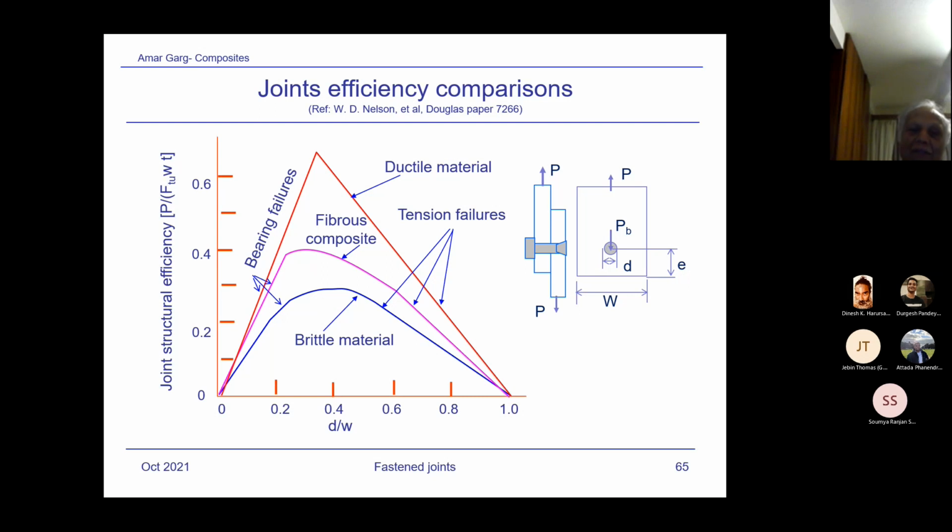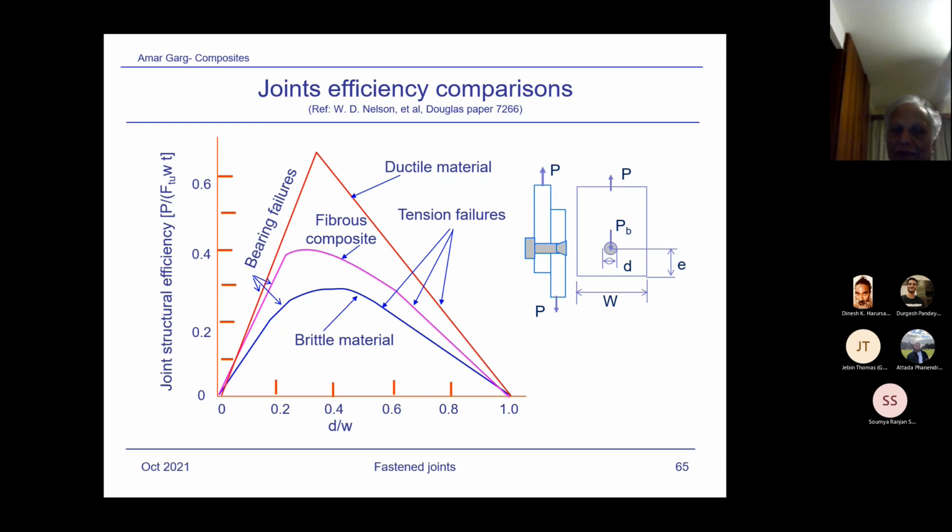If the structural efficiency is low, then in order to improve the efficiency, you have to increase the fastener diameter, and then you have to increase the thickness and the width. All this adds to the weight. So compared to the metallic joints, composite joints would demand larger thickness and larger weight in order to achieve similar efficiency.